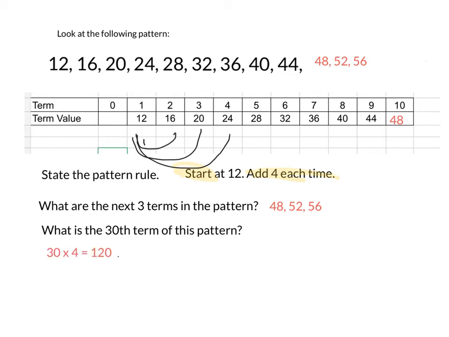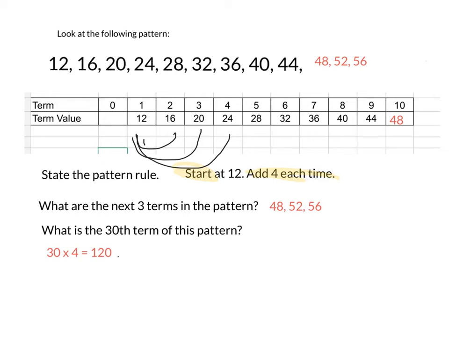So we multiply 30 times 4. And again, the 30 is because we're looking for the 30th term, and the 4 is because the pattern is going up by 4 each time. This answer of 120 tells us the difference from 0 to the 30th term.